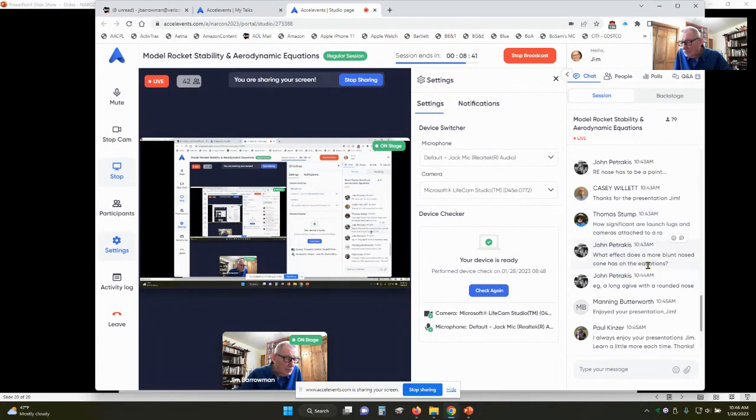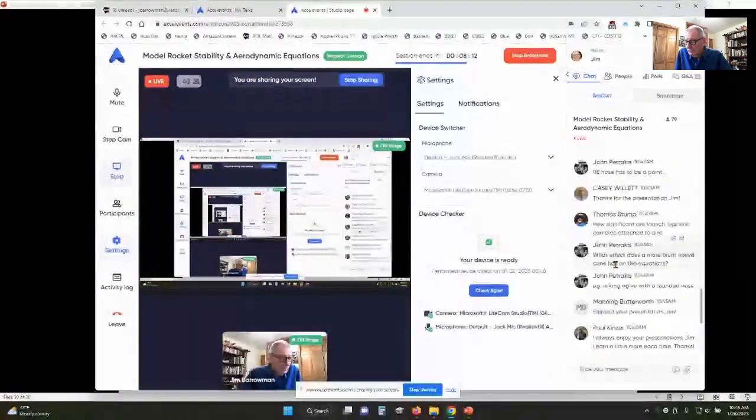What effect does a blunt nose cone have? Okay, again, what I would recommend is, a blunt nose cone is basically a hemisphere, and a hemisphere is basically a 1/2 fineness ratio.